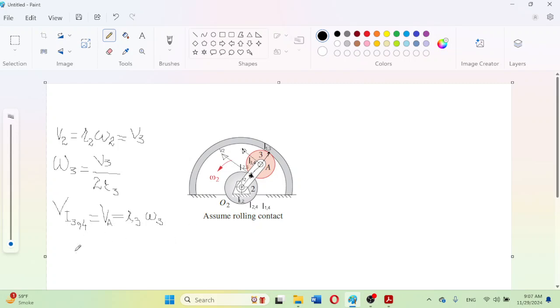Its angular velocity can now be calculated like this.